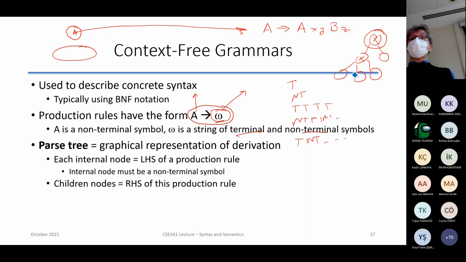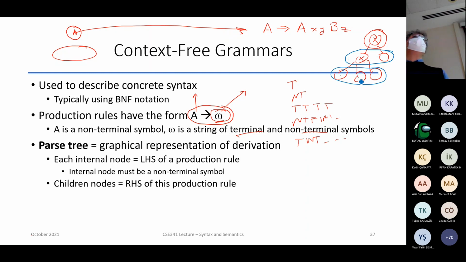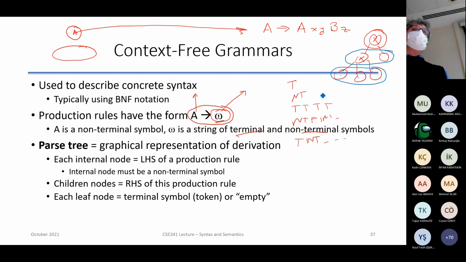The right-hand side of this production rule is this part, and for this one, it's this part. And then the leaves are here. I have 4 leaves. These are going to be the terminal symbols. So it's very simple. Each leaf node is going to be a terminal symbol or a token, or it could be empty.